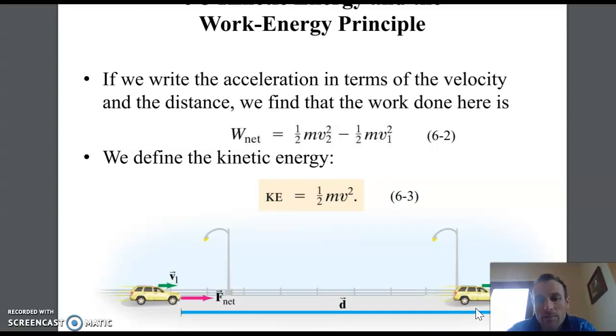And so we would expect to have more energy in position 2 than we had in position 1. And that increase in energy came from some work that was done on the car by the gas pedal, I suppose, something like that.